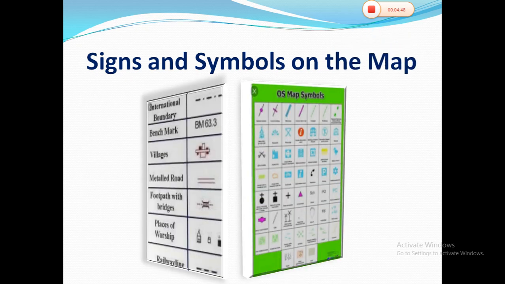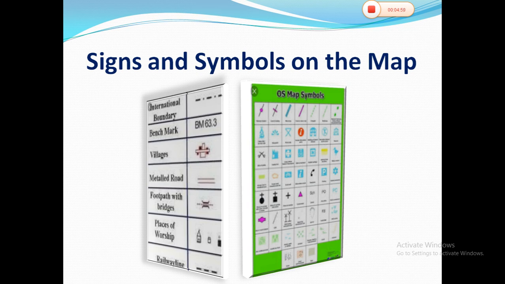The last one, signs and symbols on the map. There are many signs and symbols used on the maps. The location of a city is marked by a circle.